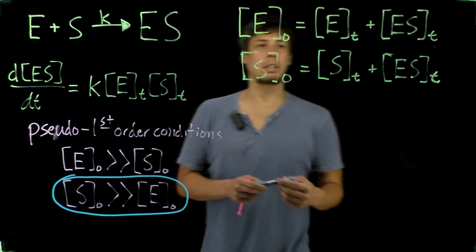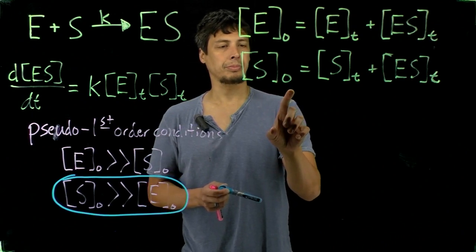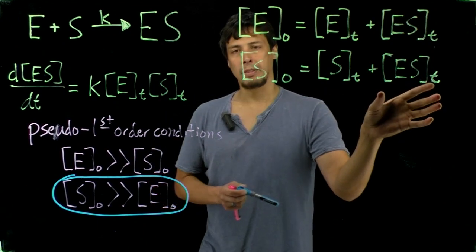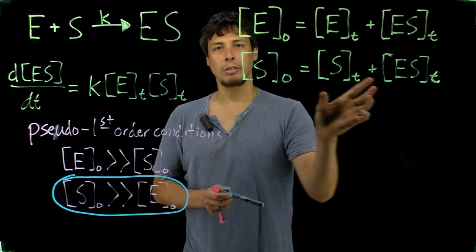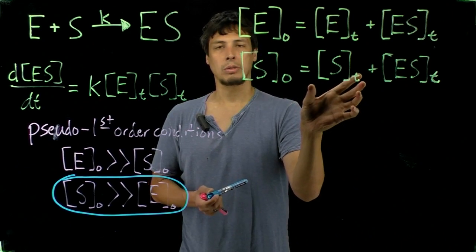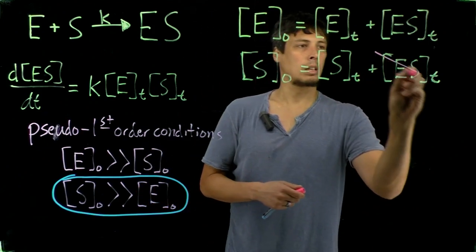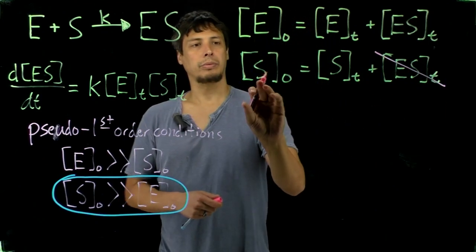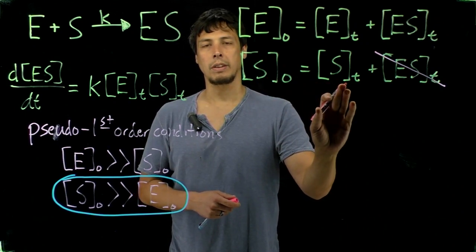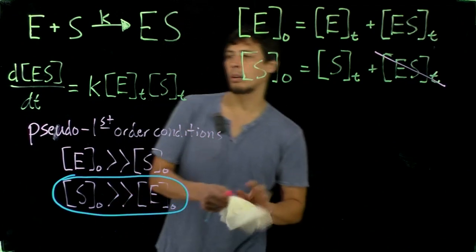What that means is that if the substrate concentration is much greater than the amount of enzyme, then the amount of enzyme-substrate complex has an almost negligible effect on the concentration of S at any given time t. And so this cancels out, and S naught, the initial concentration of S, is equal to the concentration of S at any given time t. And so that helps our math a lot more.